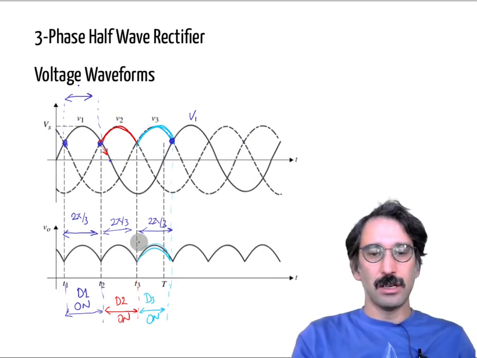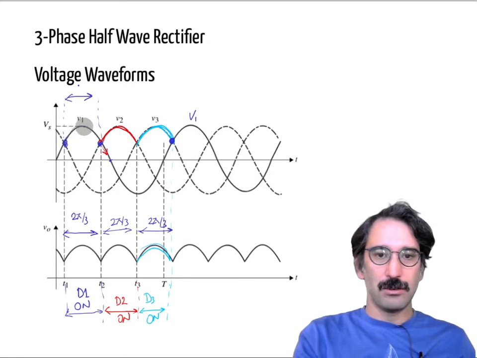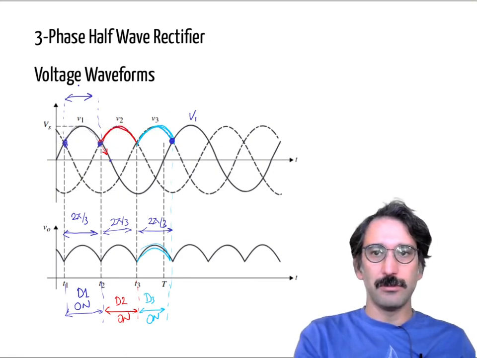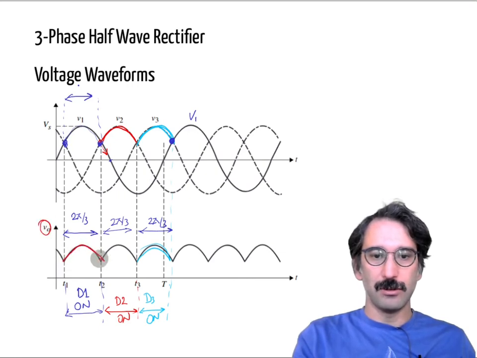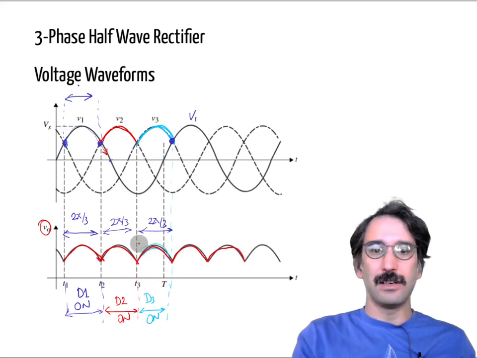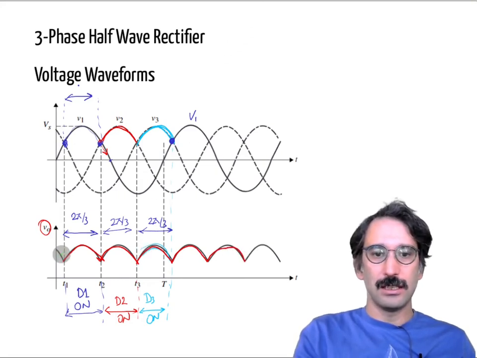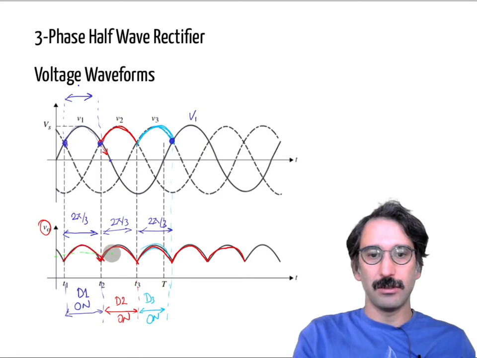Right. So how can we calculate the average? If you are convinced with that waveform, this is our output voltage waveform. It is equal to V1 for that interval, and equal to V2, and equal to V3 for that one. So you can see I have a rectified voltage, and the average value, which we will calculate, should be somewhere here, right?